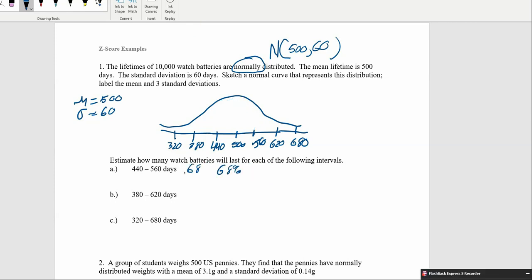Okay, the next one is between 380 days, which is right here at -2 standard deviations, and 620, which is at +2 standard deviations. That's a pretty easy problem because we're at -2 and +2, and that's just going to be our 0.95 or 95% of the population.